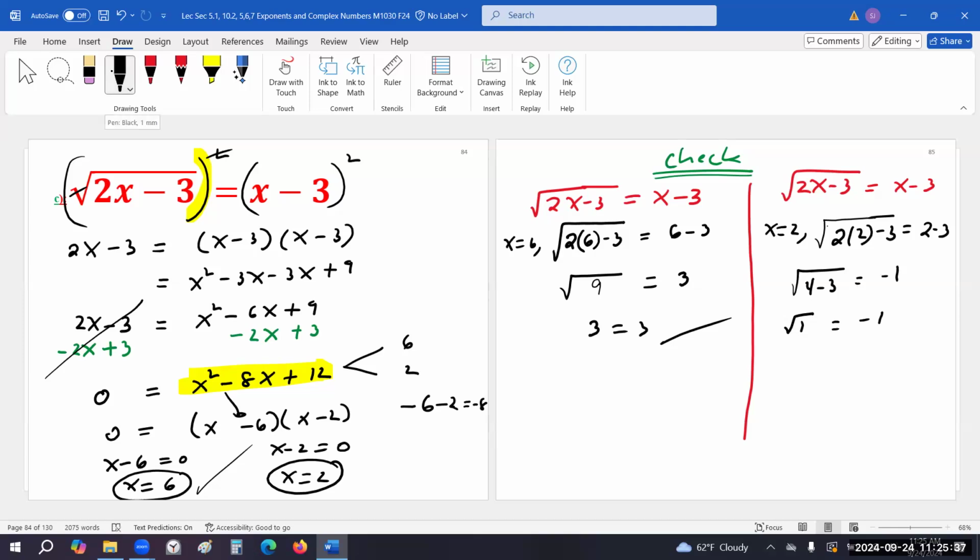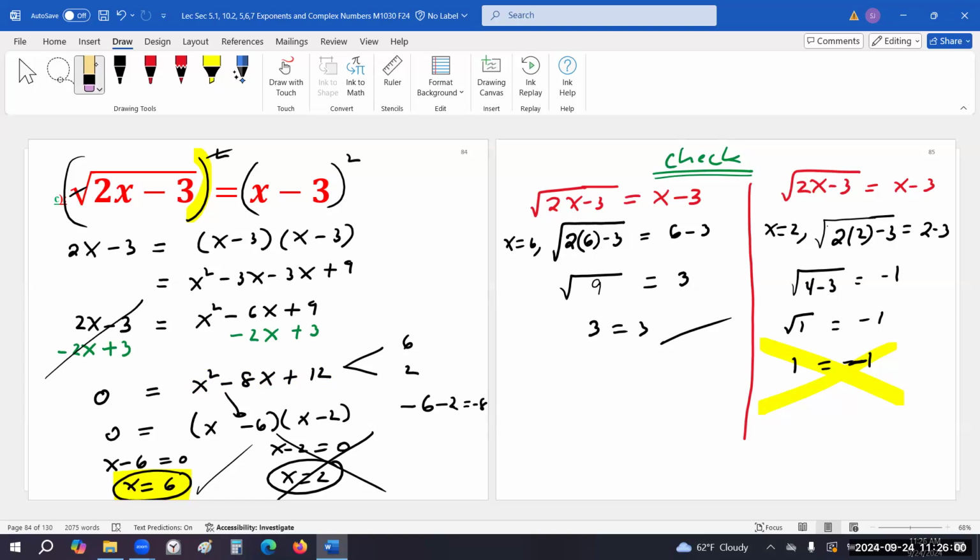And what is the square root of 1? So is 1 the same as negative 1? So this one doesn't work. So our only solution is x equals 6.